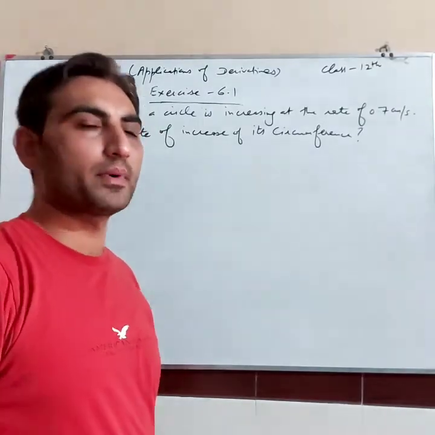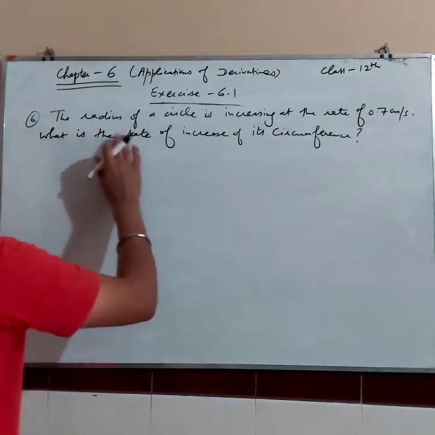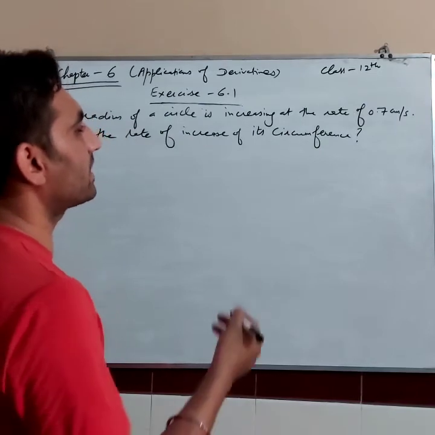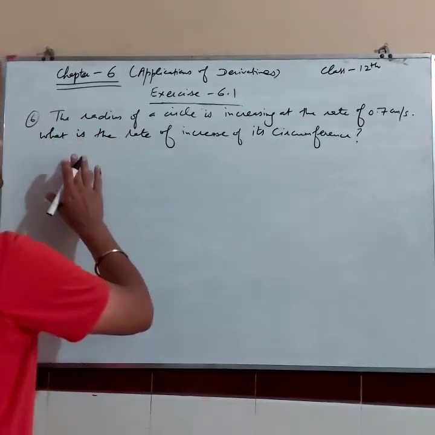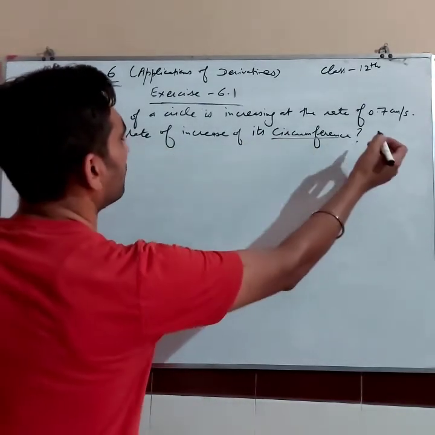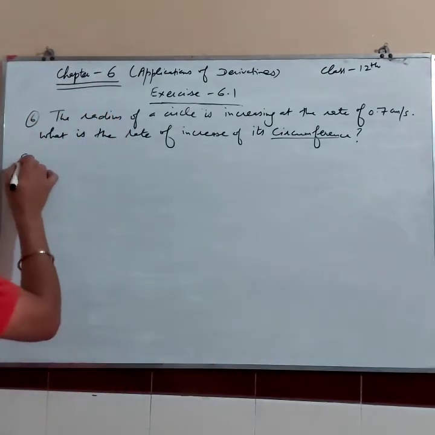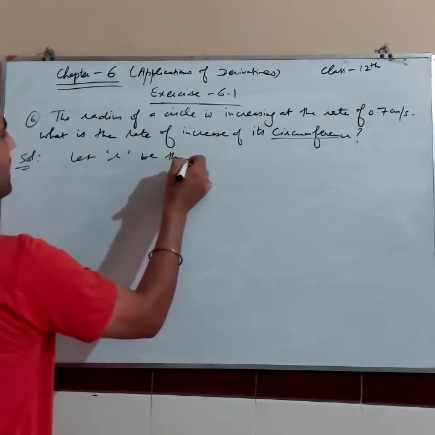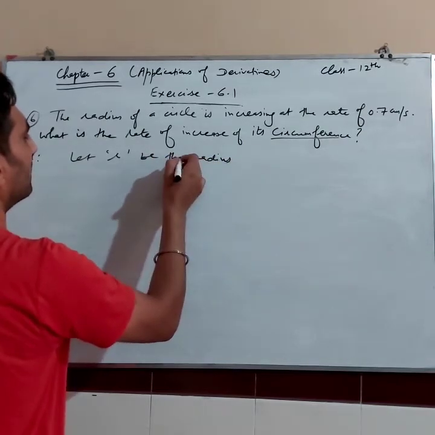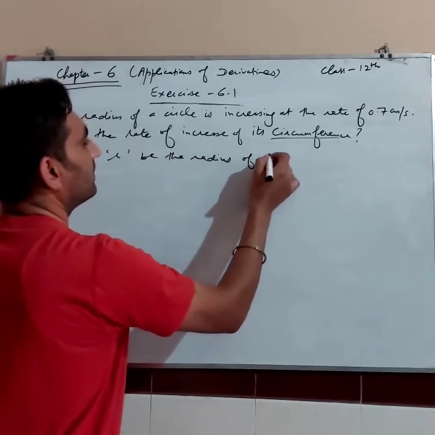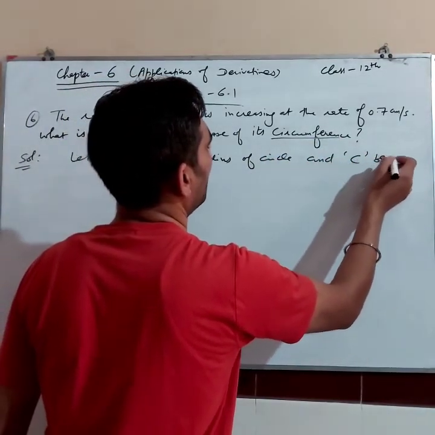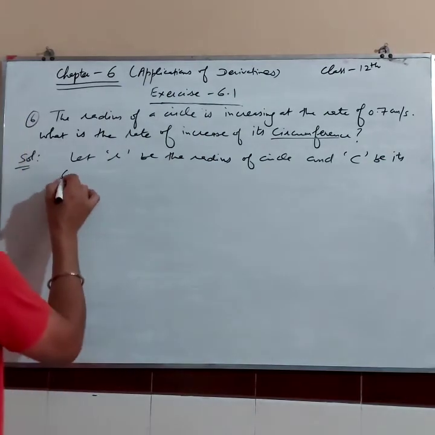The sixth question is very simple. See what is given. The radius of a circle is increasing at the rate of 0.7 centimeter per second. What is the rate of increase of its circumference? So there are two things. Let r be the radius of the circle, and capital C be its circumference.